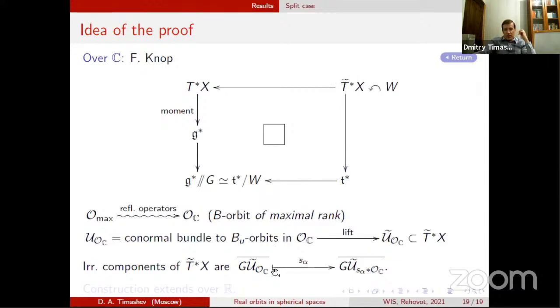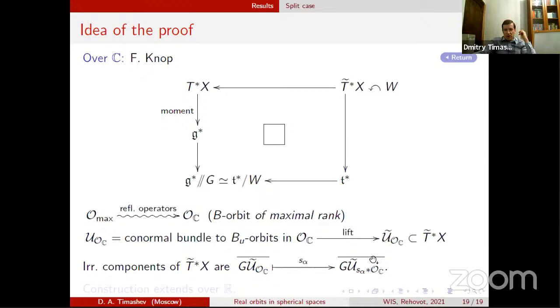Another statement proved by Knop is that the action of each simple reflection on such an irreducible component sends it to another one, which corresponds to another B orbit of maximal rank obtained from the initial one by applying these reflection operators.